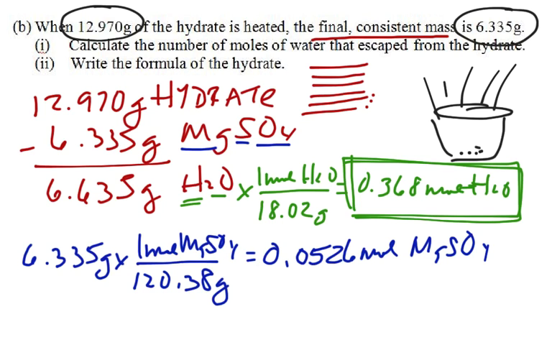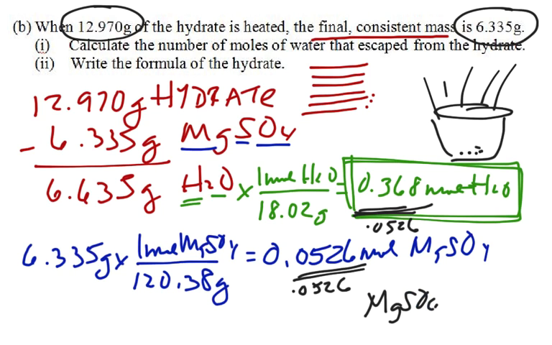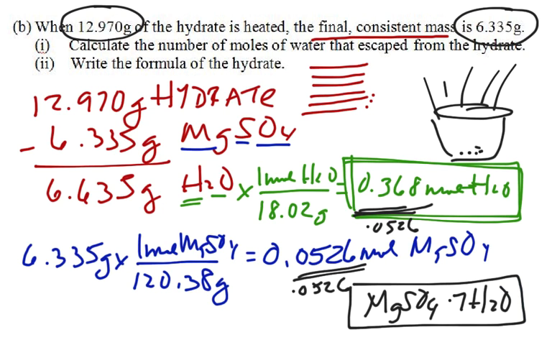So the formula of the hydrate is going to be the ratio of the moles of water and the moles of magnesium sulfate. So we divide them both by the smaller number. Obviously the magnesium sulfate will come out to be 1. And if we divide this number by 0.0526, we get a number that's very, very close to 7, 6.99 something. So that means our compound is magnesium sulfate dot 7H2O. We would call that magnesium sulfate heptahydrate.